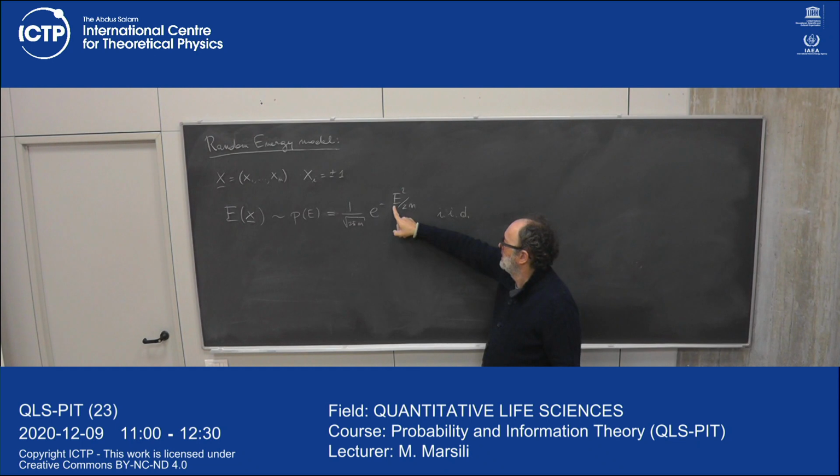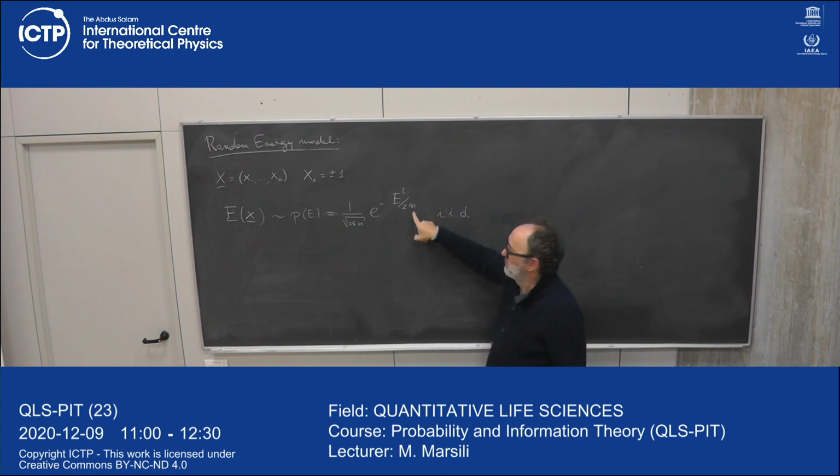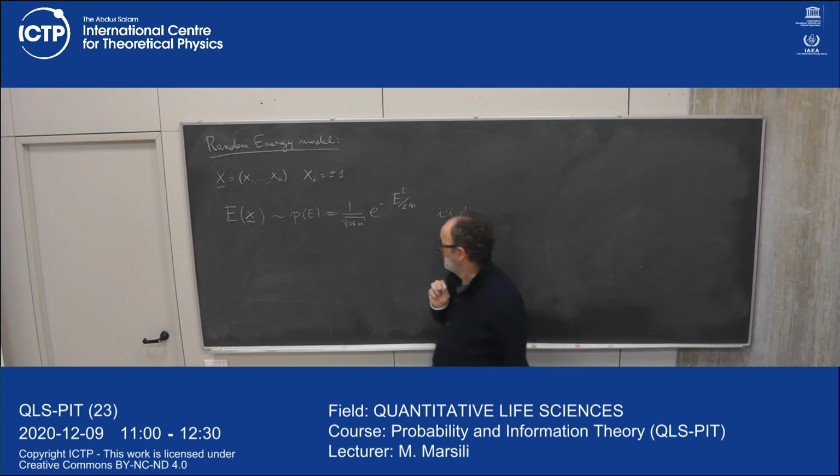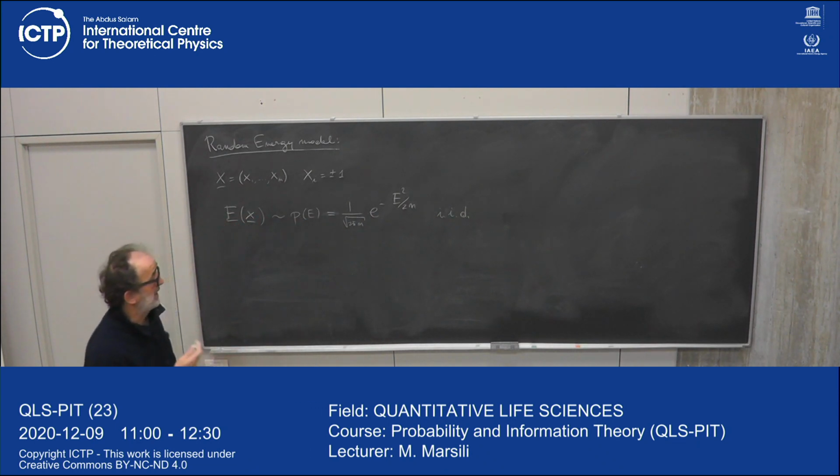So if the energy is proportional to n, then in order to get that the log of the probability is proportional to n, I have to divide by n here. So this choice is made in order to get a thermodynamic limit which is well defined.